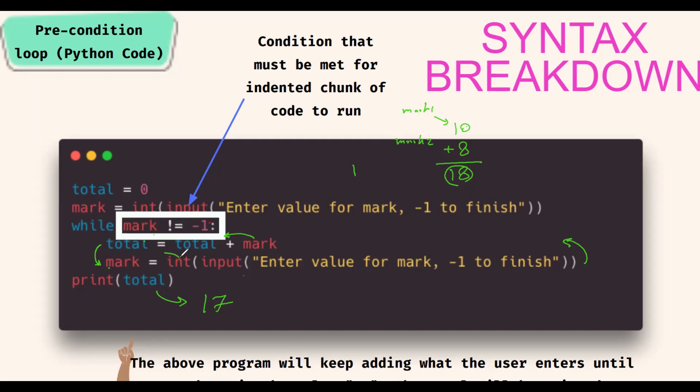So if the user inputs -1 and you write total equals total plus mark, he's adding -1 to the total. So he's subtracting 1 from the total, and that is wrong.